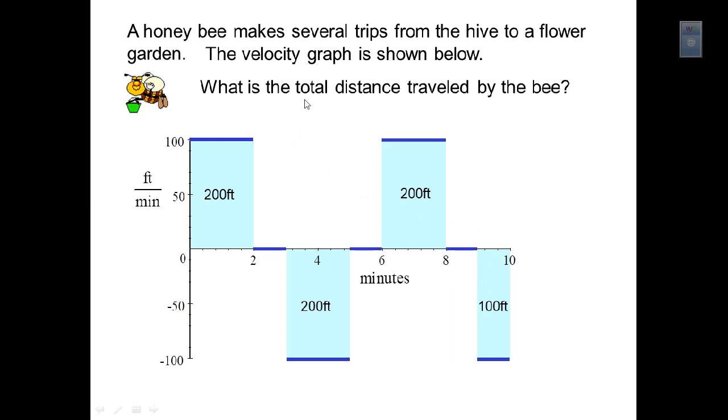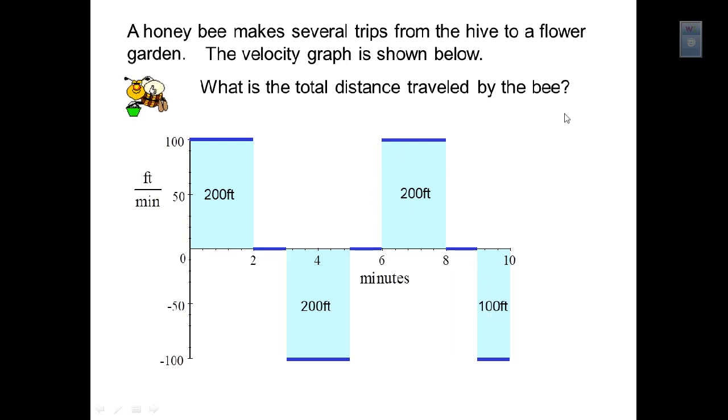So if we wanted the total distance traveled by the bee, notice here we've got positive velocity. Here we have negative velocity, positive velocity, negative velocity. So in other words, he's traveling away from the hive here, back to the hive over this interval, away from the hive here, and then back toward the hive here.